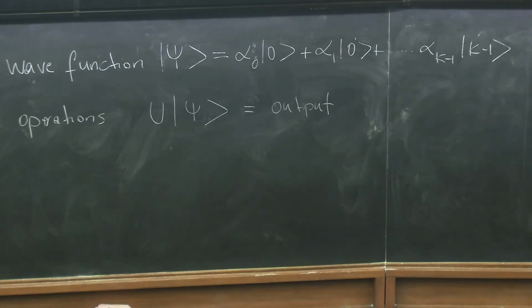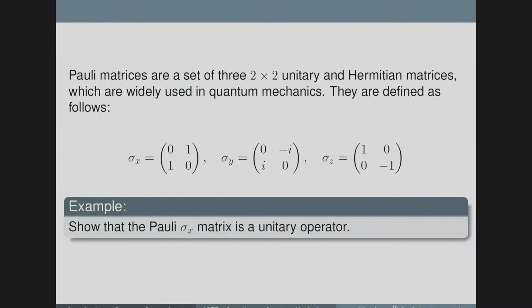Now, as an exercise, imagine you have these Pauli matrices. These are very common in quantum computing. These are Hermitian, 2 by 2 matrices, and you want to show that they are indeed unitary operators. How would you do that?